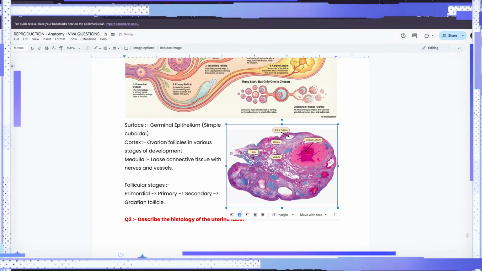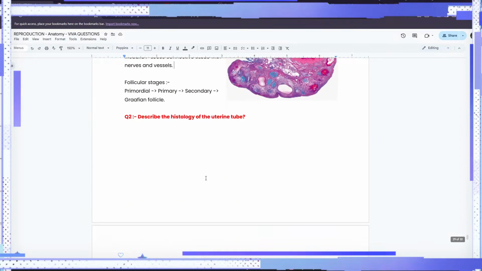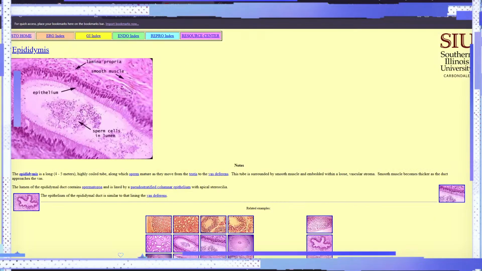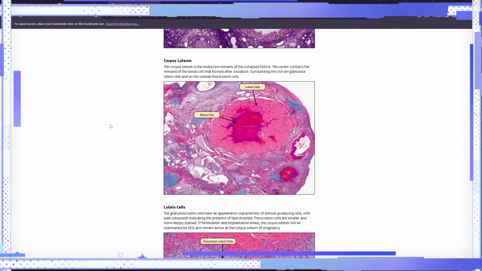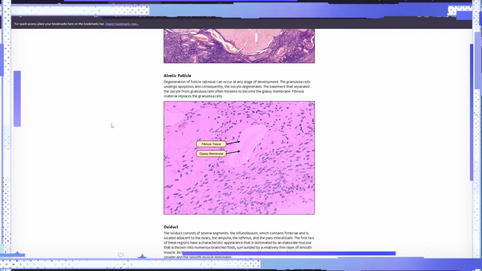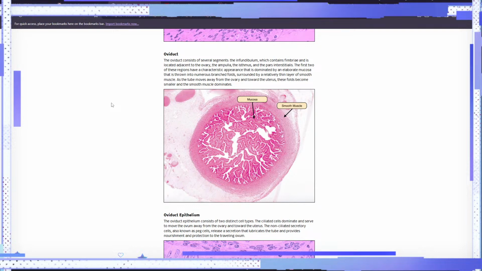Awesome, great. Okay, uterine tube. Oviduct.